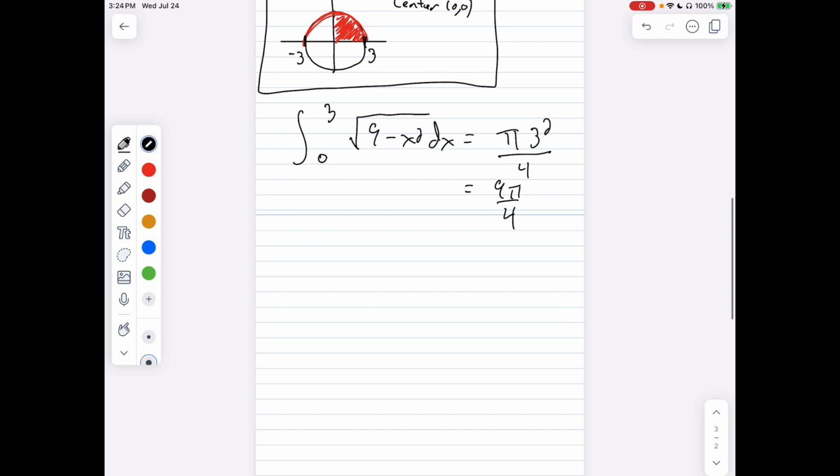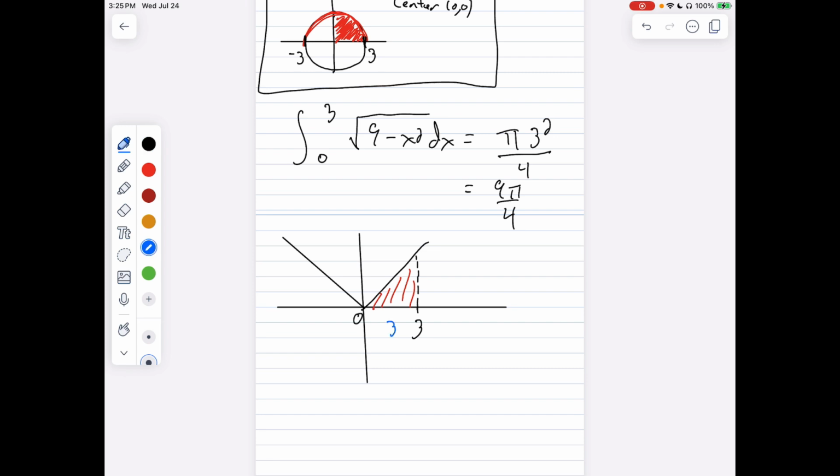And then the next part of the problem, the absolute value of x, looks like this. It's V-shaped, and we're looking at it from 0 to 3. Essentially you're grabbing the area of this triangle here. The area of a triangle is 1/2 the base times the height. The base is 3 units. But what about the height?